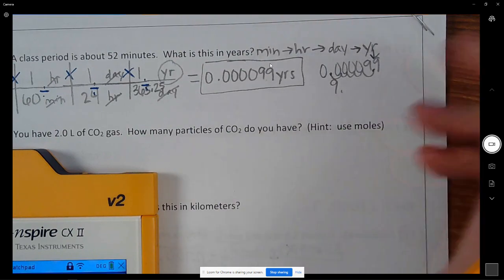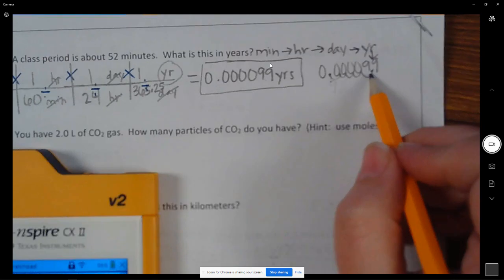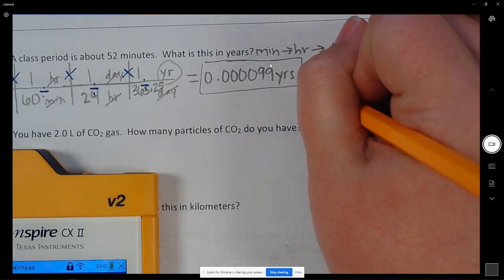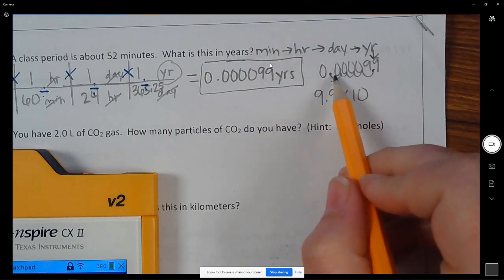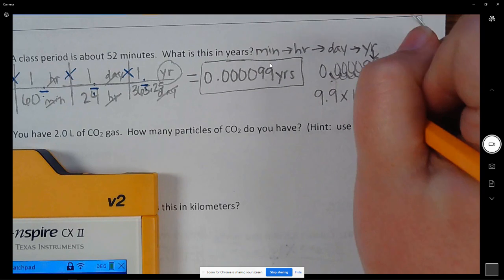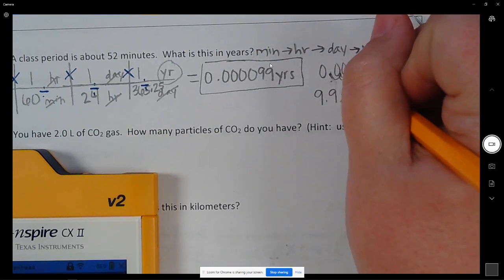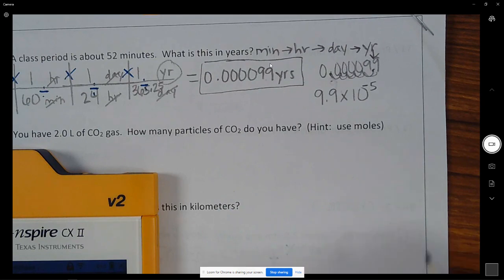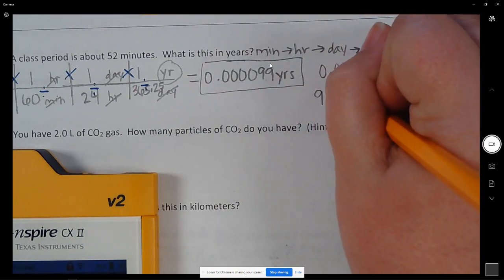So 9.9 is my new number because that's where I moved my decimal. So my M is 9.9 times 10. I moved the decimal 1, 2, 3, 4, 5 times. The original number was less than 1, so it's going to be a negative number. So 9.9 times 10 to the negative 5 years.